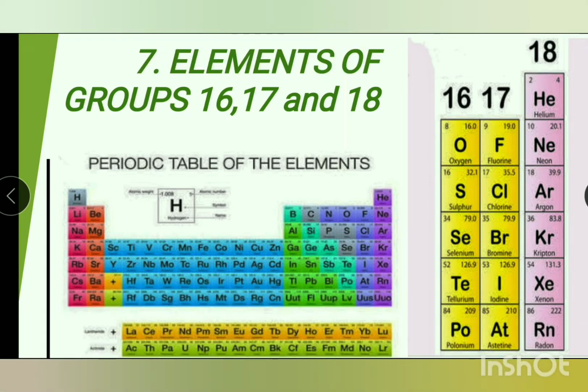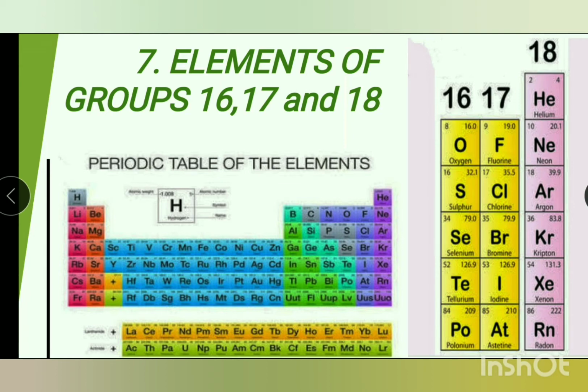This P block consists of 6 groups. 10 groups are present in the middle of the periodic table. These 10 groups constitute the D block, and the 2 series at the bottom constitute the F block of the periodic table.